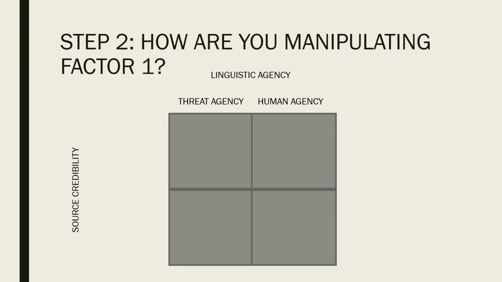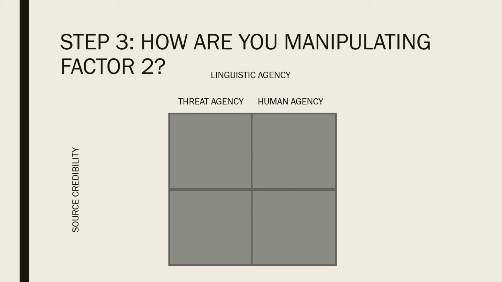And let's say I decide threat agency and human agency are the two types of messages that I want to create. So as you can see in column 1, I have threat agency, and in column 2 I have human agency. And each of those boxes is going to correspond to either one or the other, threat agency or human agency.